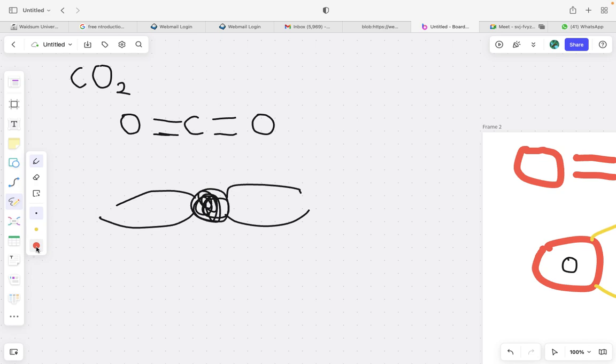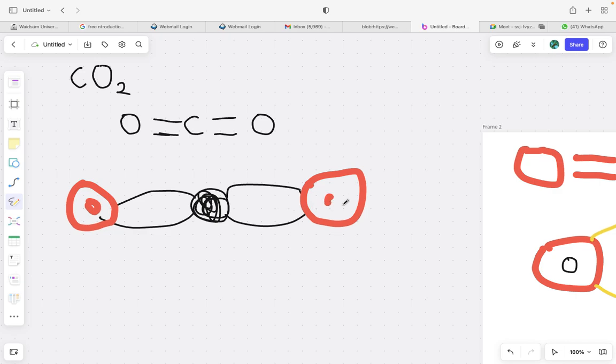So oxygen, let's use the red. This is oxygen, this is oxygen, and this is carbon. Double bond this way, double bond this way. Do you get that?